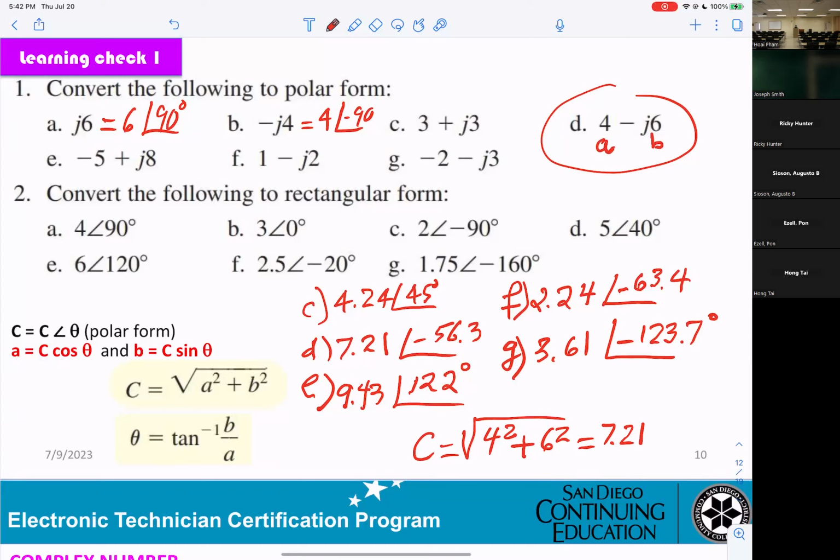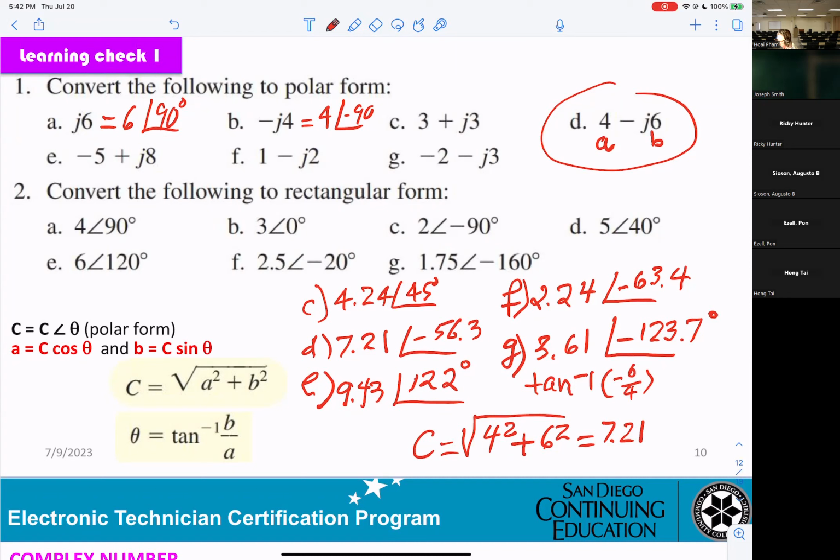Uh-huh, negative 6 divided by 4, arctan, and you get minus 56.3. Okay, I had them backwards. I'm sorry, Mr. Pham. I did A divided by B, but it's B divided by A. Right, that's what it was. Thank you.